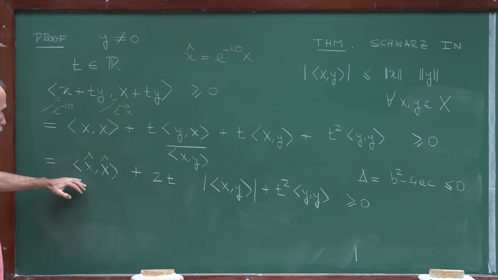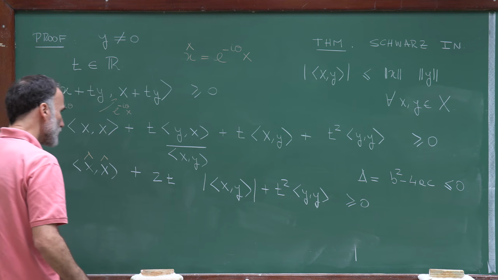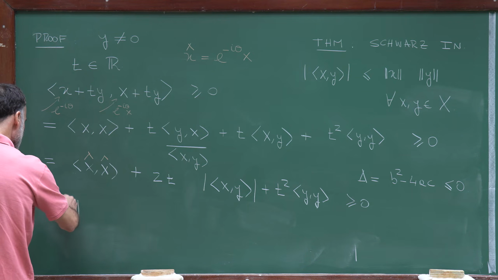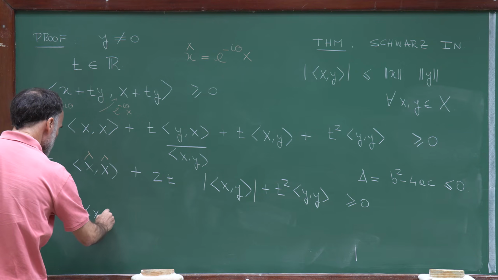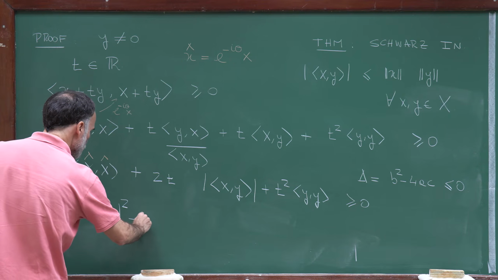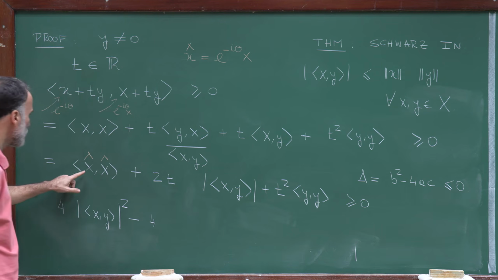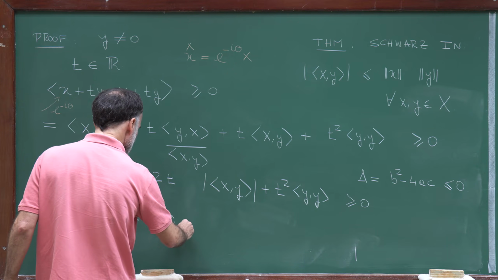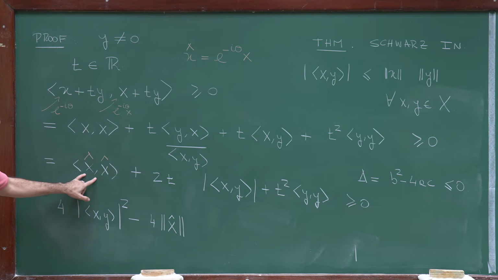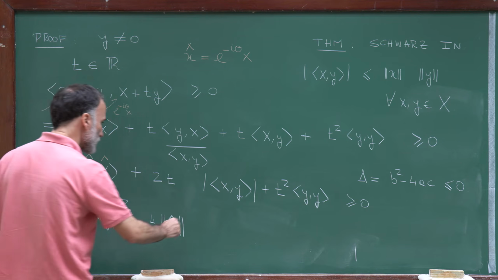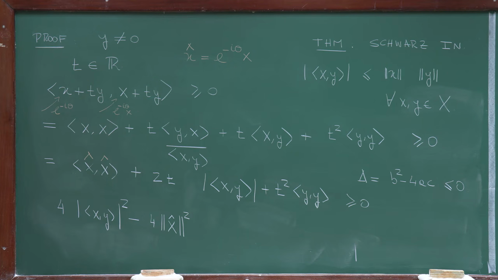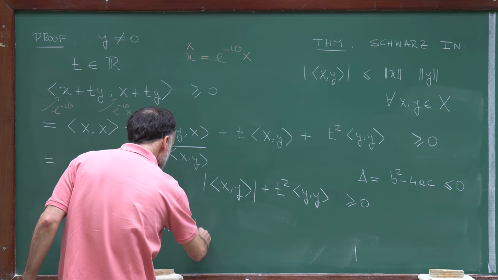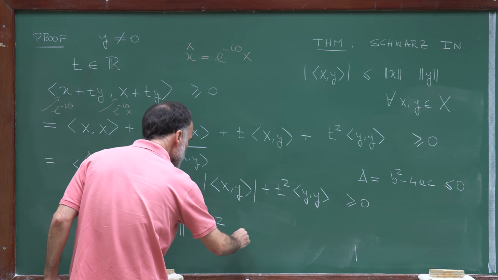So as a polynomial in theta, what we get is 4 times the absolute value of the scalar product of x and y squared, minus 4 times the scalar product of x hat with x, and this is the norm squared, times c, which is again y squared.